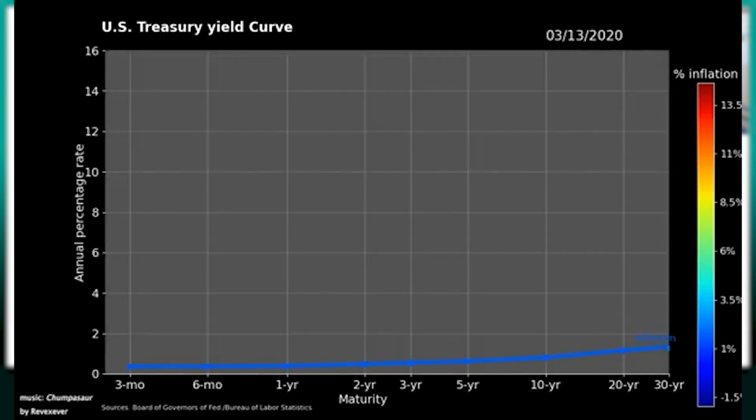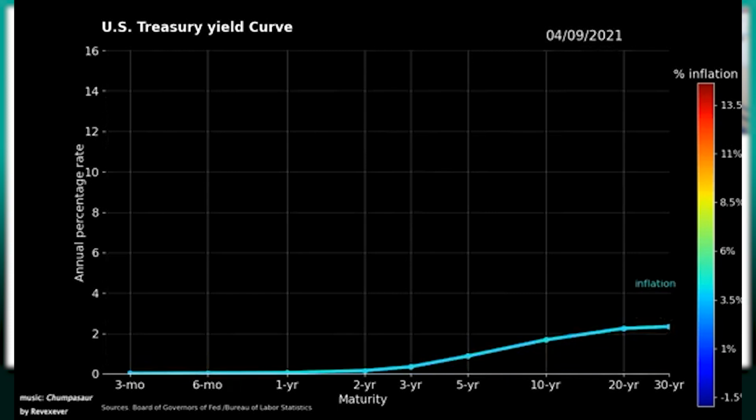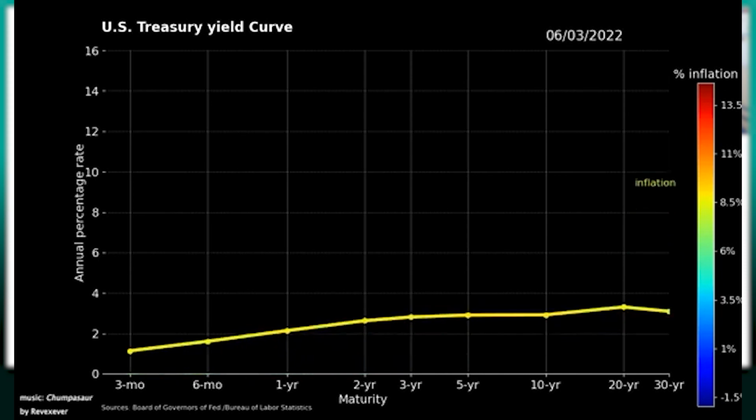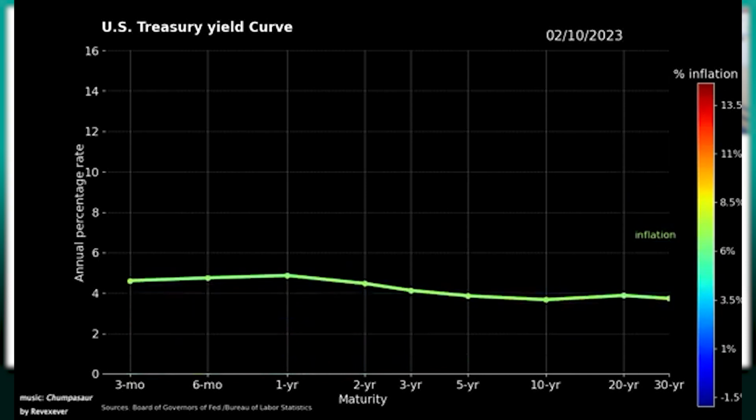It's great. But yes, what we're seeing basically here is each month the yield curve shifting, where eventually we're seeing the shorter term rates increase to about 4.5%. And this is, I guess, as of February 10th of 2023.